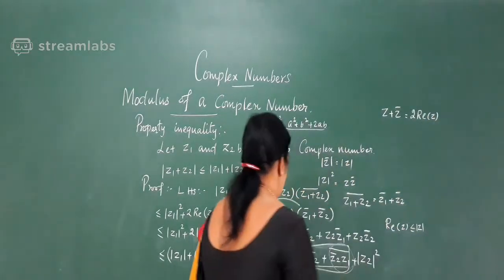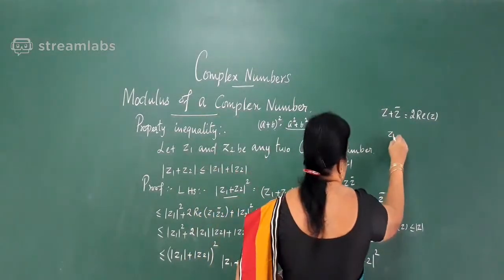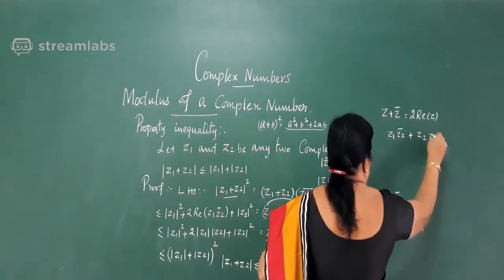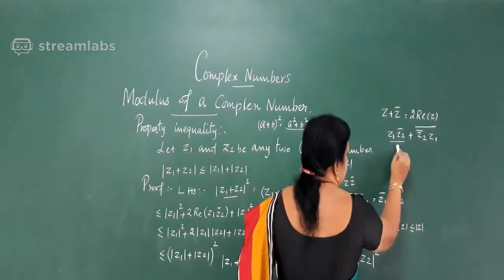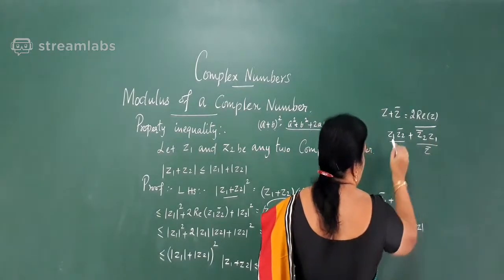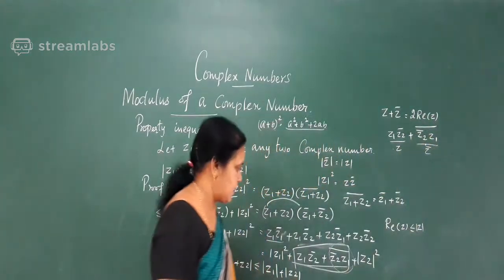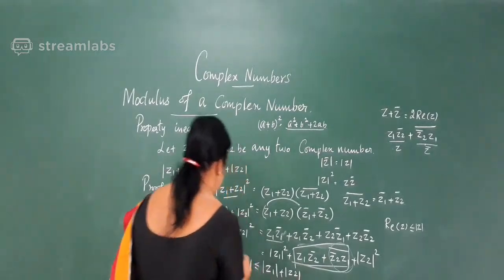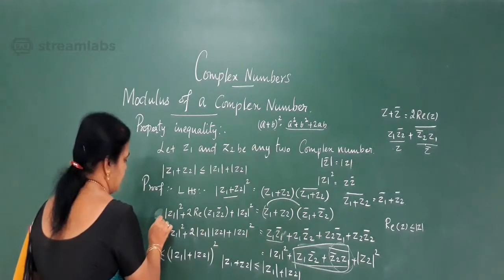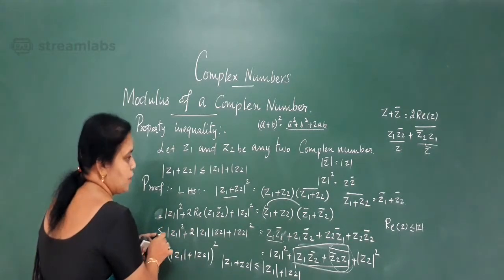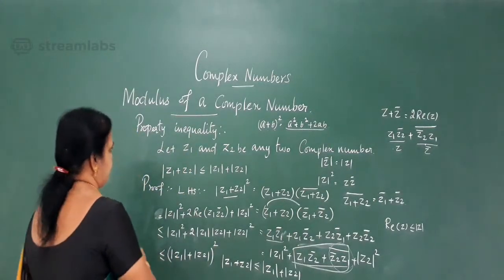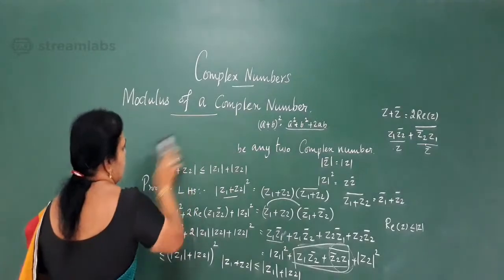How? See here, I am considering z1 z2 bar plus z2 z1 bar whole bar. I am taking this as z, so here the same bar we are having. So z plus z bar is equal to 2 real part of z. That's why I brought it here. Then this real part of z is less than or equal to modulus z, so I wrote this. This is the proof. Hence proved.